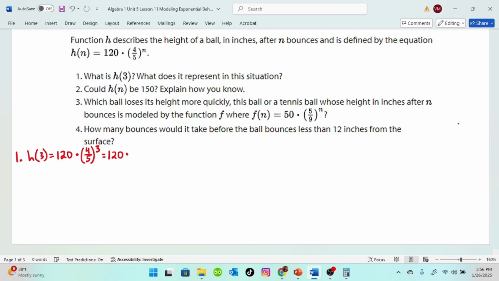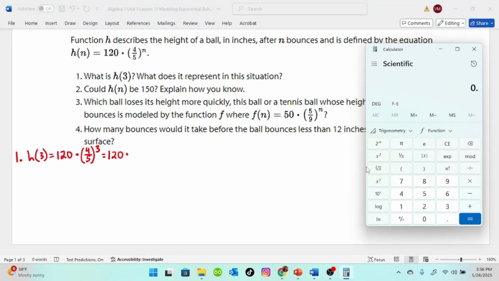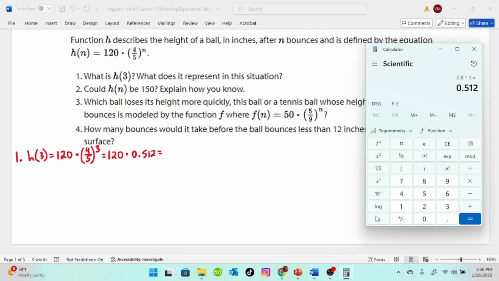So this becomes 120 times 0.8 to the power of 3, which is 0.512. Now when we multiply that by 120, we get our final answer of 61.44.